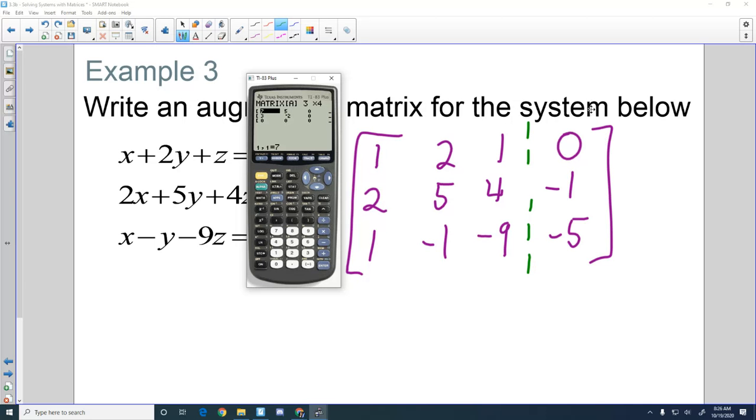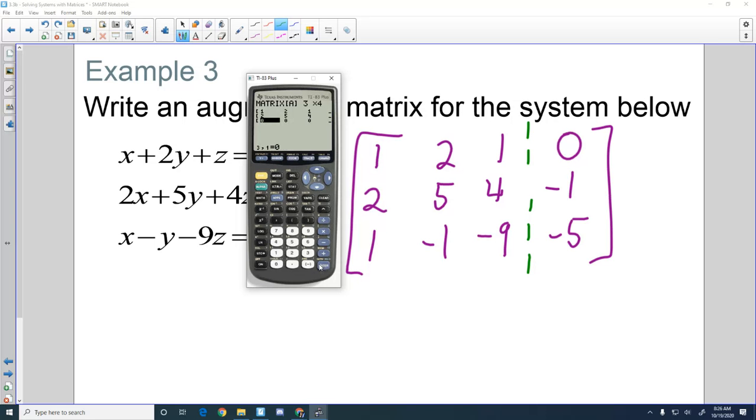On your calculator or on the Chromebook, all you need to do is type the number and then press enter, either on the calculator or on your keyboard. And it automatically will jump to the next number over. And then once it gets to the end of a row, the cursor automatically jumps down to the next row. Make sure for negative numbers, everybody, you must press the negative key, which is on the bottom of your calculator.